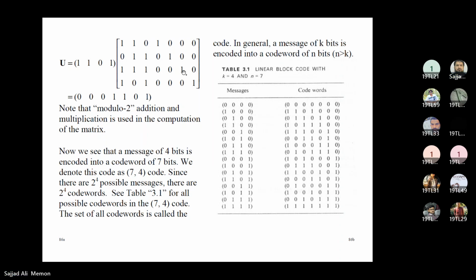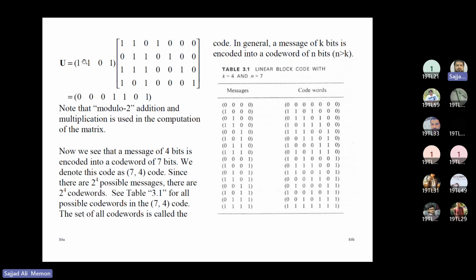So when we multiply, the first 3 bits are your redundant bits, and the last 4 bits are your message bits that remain the same: 1 1 0 1. Only the 3 bits will change accordingly. Note that modulo 2 addition and multiplication is used in this computation of the matrix.